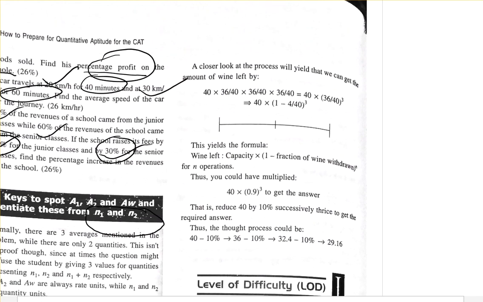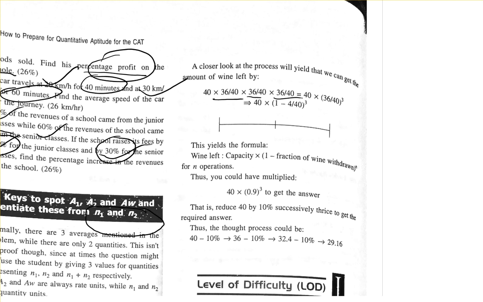A closer look at the process will show that we can get the amount of wine left by 40 into 36 by 40 into 36 by 40 into 36 by 40. This is a trick to find out the amount of wine left.